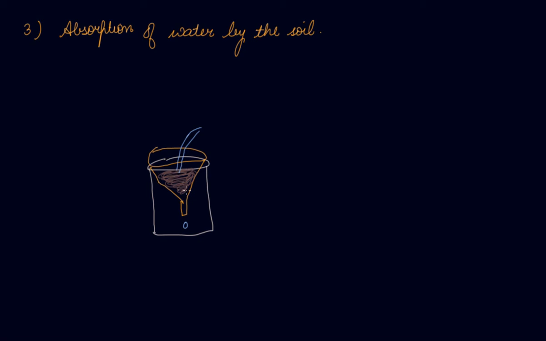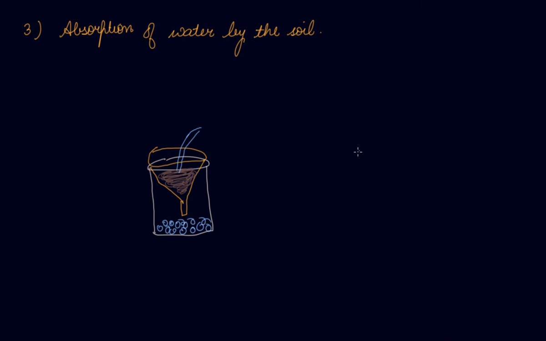Some water will be absorbed in the soil itself and less water will come down in the beaker. Now this property shows that the soil absorbs the water. Now these were the three properties of the soil.